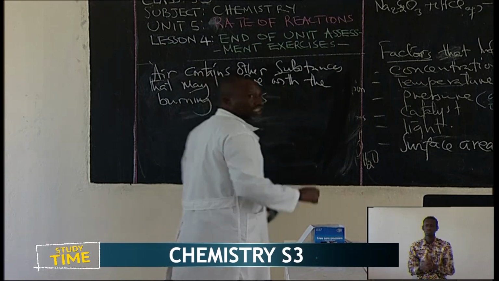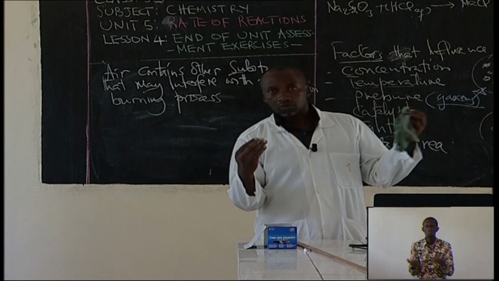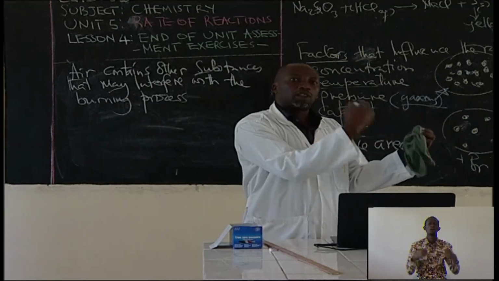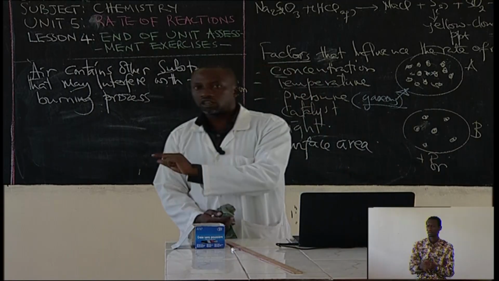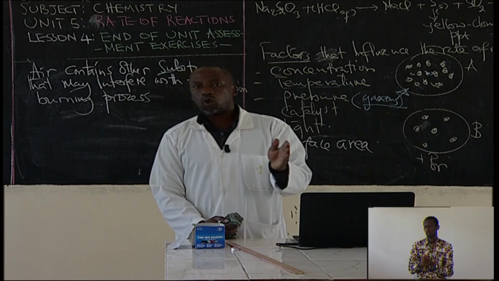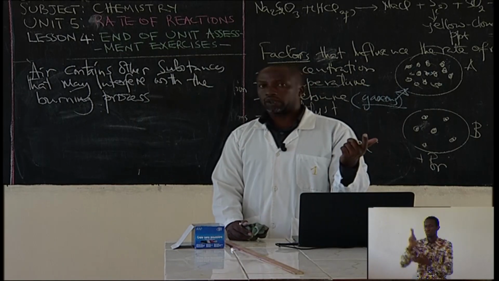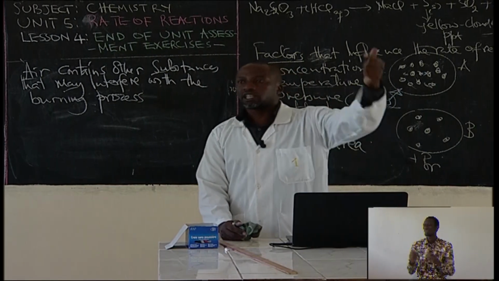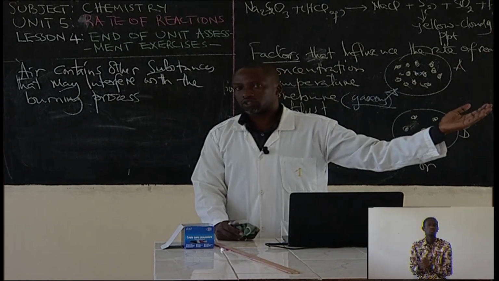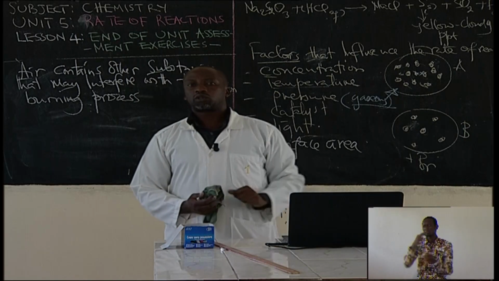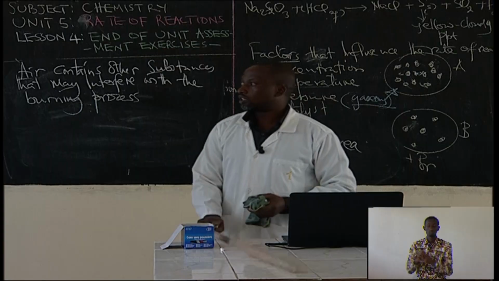And how does it interfere with the burning process? The oxygen in the air compared to the pure oxygen is different in amount. So it is the factor of concentration again. Burning is accelerated because in pure oxygen, there is a high concentration of oxygen. In air, the concentration of oxygen is lowered, and therefore burning is slowed down.